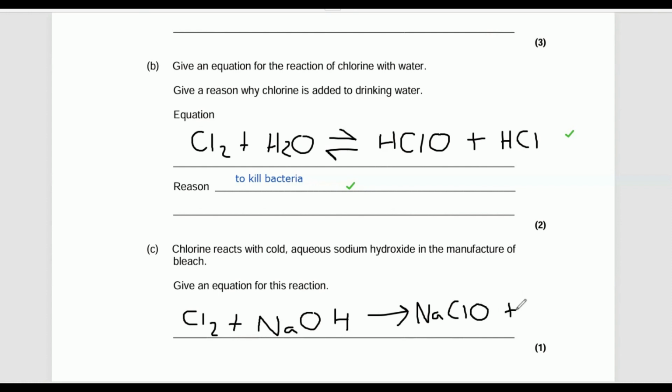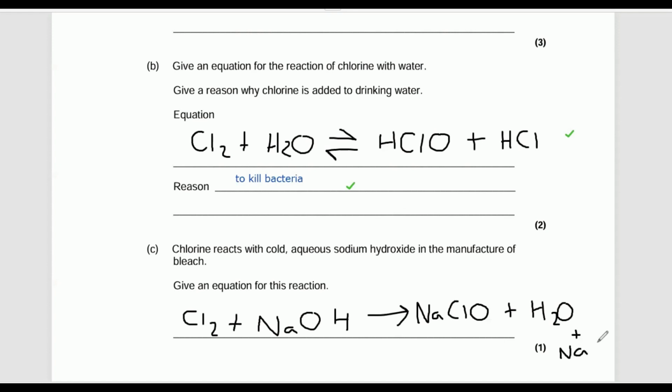And we're going to form water. And what else are we going to make? Going to make, oh, I need sodium chloride as well, salt.